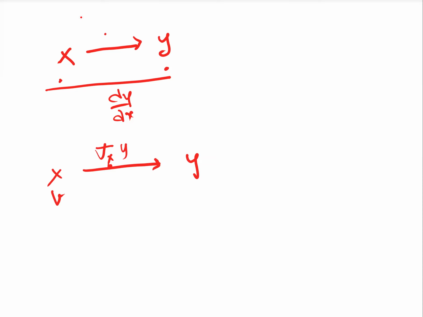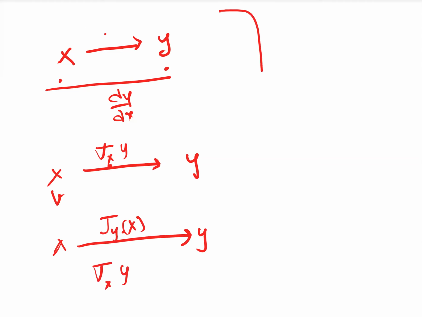Everyone with me? Okay. And if X is a vector and Y is a vector, what is this going to be? The Jacobian of Y with respect to X. But I'll generally represent this simply using the nabla notation for simplicity. So we agree on this, okay?